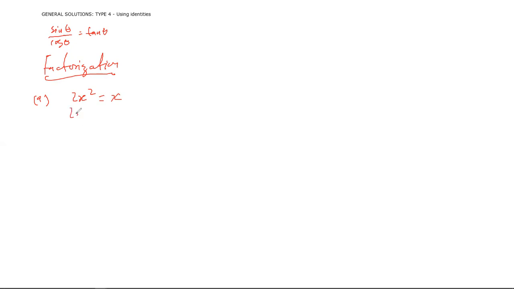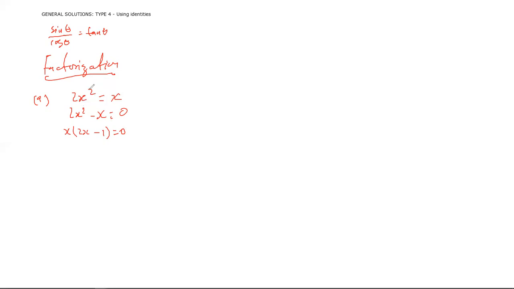You're going to say 2x squared minus x equals 0. That's the first step. Then you take a common factor of x and you're left with x times (2x minus 1) equals 0. We do this because we want to get two solutions, since the degree of x tells us how many solutions we need.